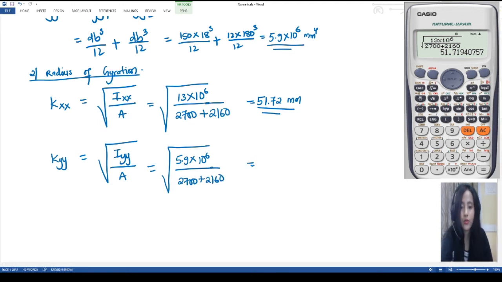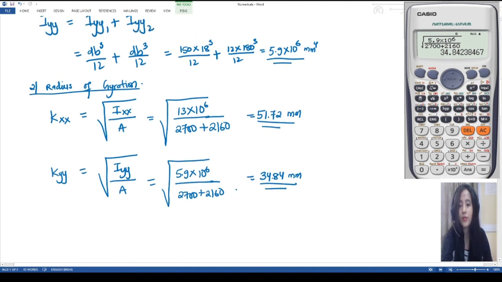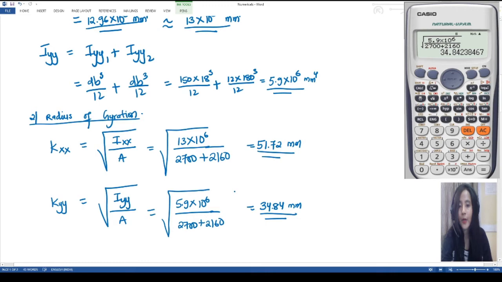This will be coming equal to 34.84 mm. So this is my radius of gyration about Kyy. So this numerical is over here. I hope it is clear.